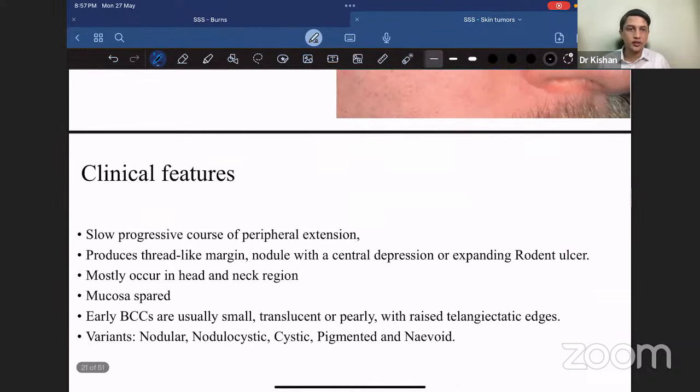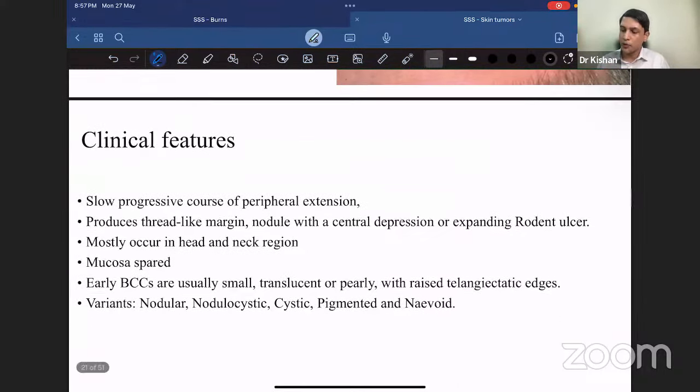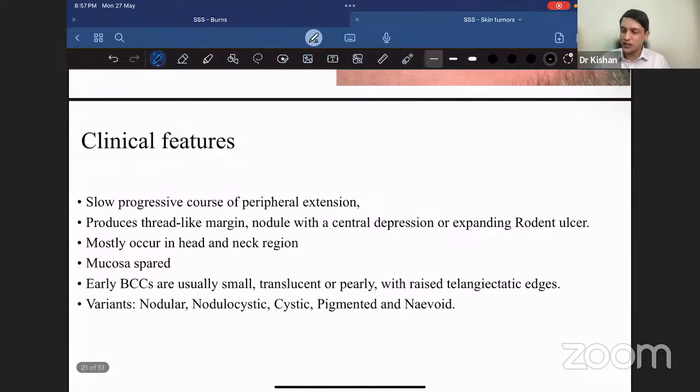Clinical features. It's a very slow progressive course. It produces very thready margins. Sometimes there is a small nodule, cystic or nodular, in the middle of an ulcerative lesion, with a central depression, or expanding like a rodent. There are two types of growth. Why so many morphological features? Because BCC spreads in two ways.